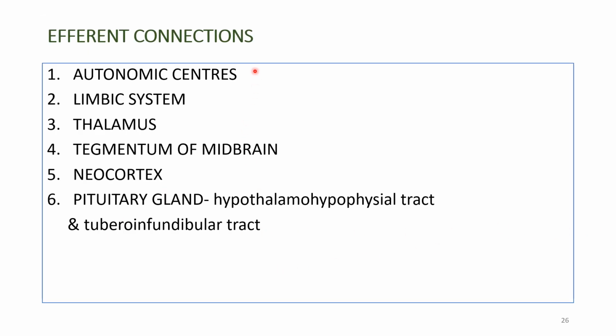Then coming to efferent connections, it is sending its information to autonomic centers, limbic system, thalamus, tegmentum of the midbrain, neocortex and pituitary gland. Particularly the hypothalamo-hypophyseal tract and tubero-infundibular tract.